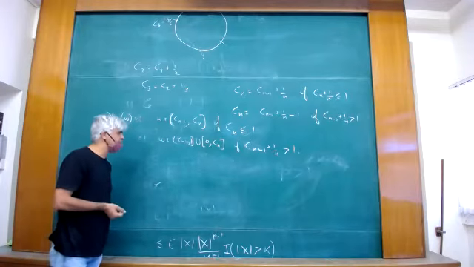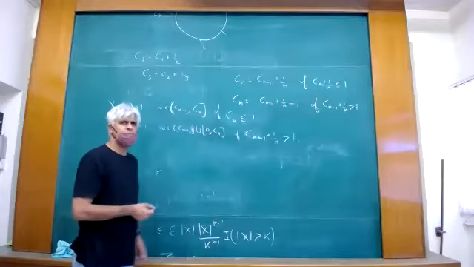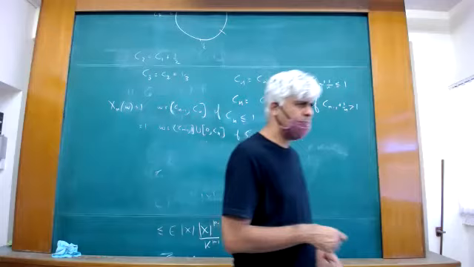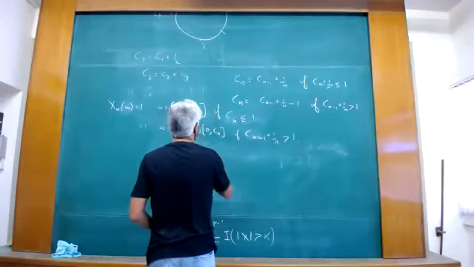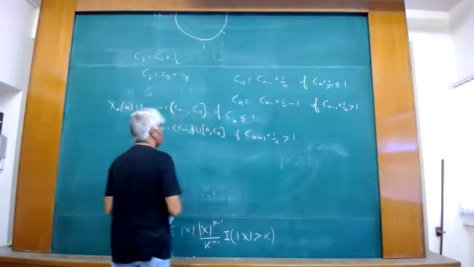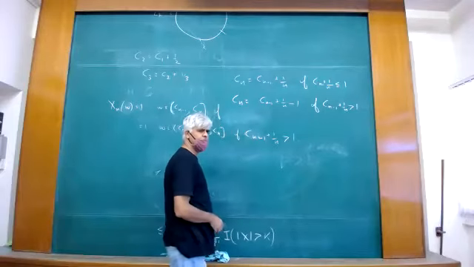Shouldn't the first condition be Cn minus 1 less than Cn? Yes, his point is valid: Cn minus 1 is less than or equal to Cn. That's a good point. If Cn minus 1 is less than Cn, then it should be the first one, otherwise the second one.